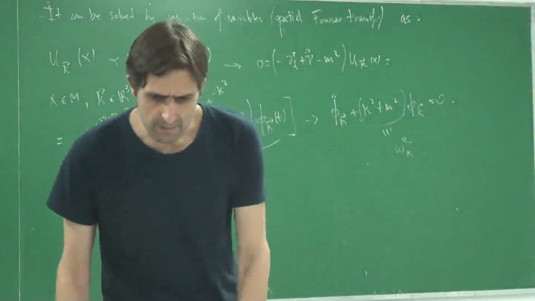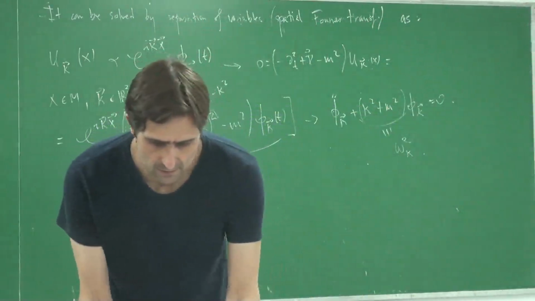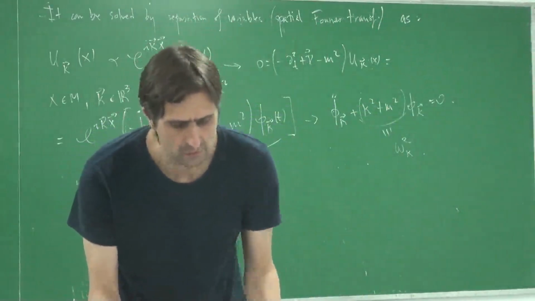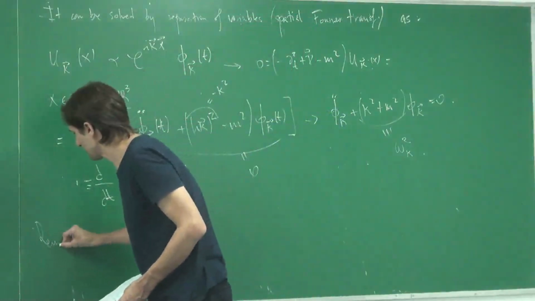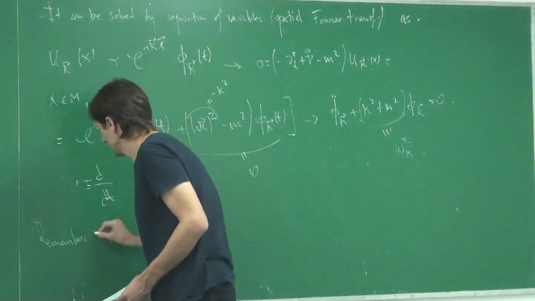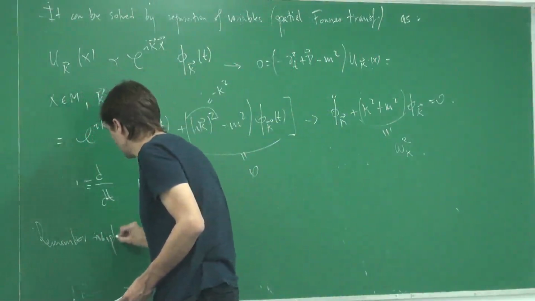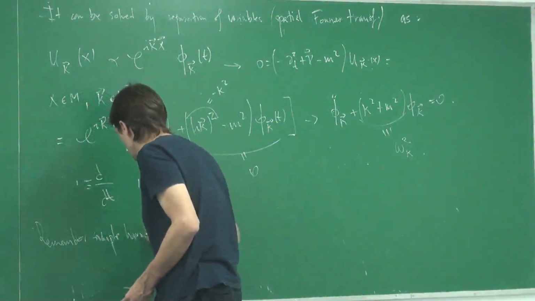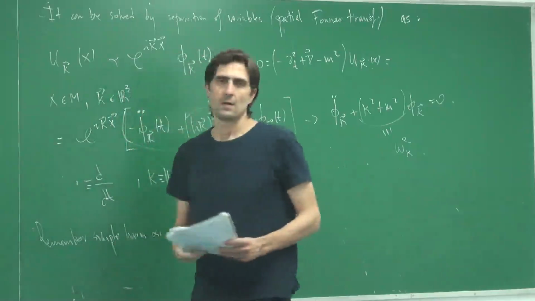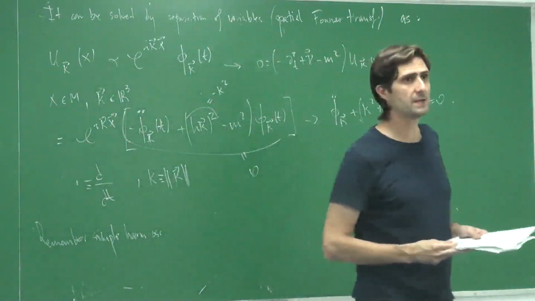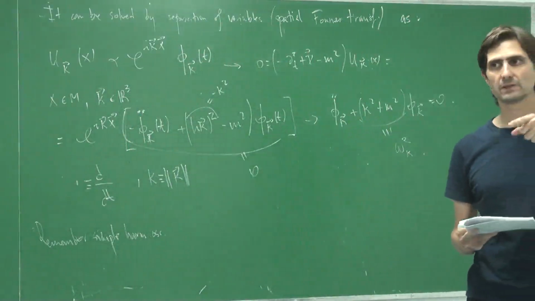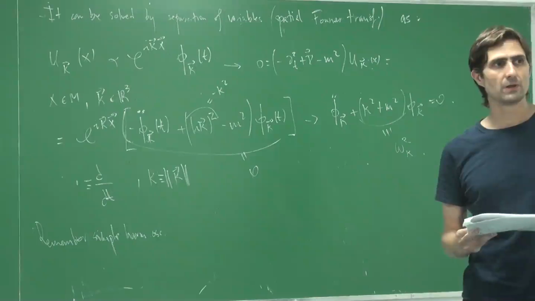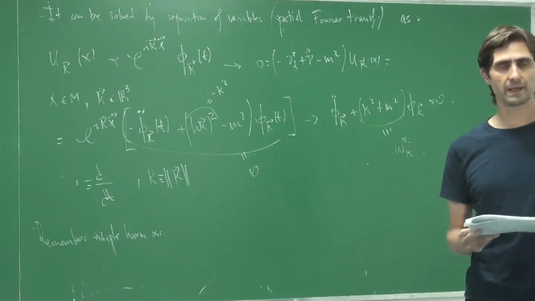I didn't write this explicitly when we did it, but it follows totally trivially. So remember the simple harmonic oscillator. We did it for A, the annihilation operator, but you get the position operator Q by combining A and A dagger.